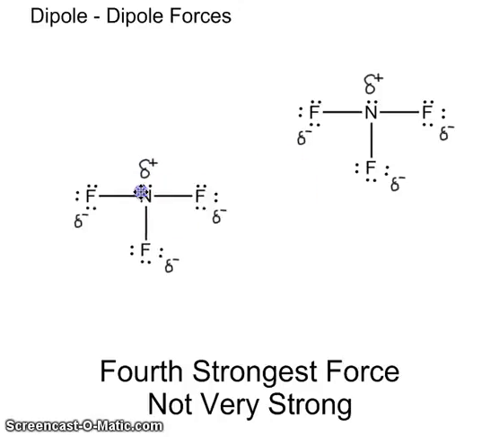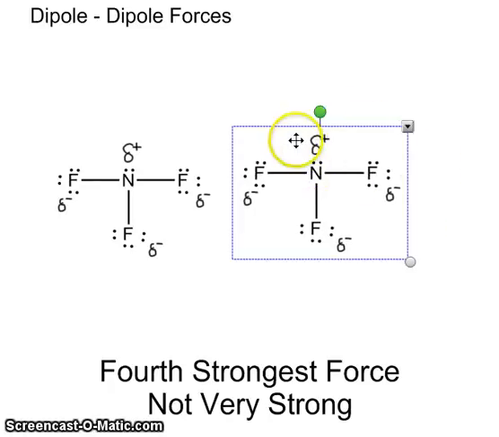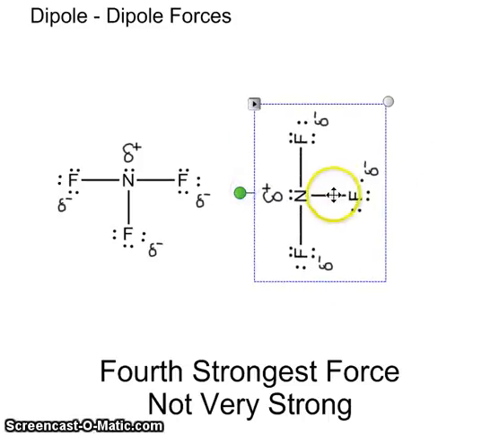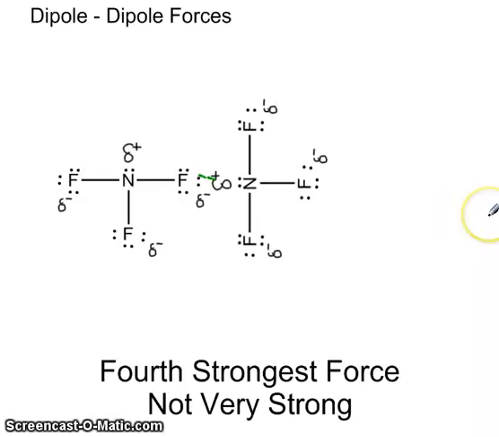So for this molecule, NF3, we have the positive side on the N, which is going to be attracted to the negative Fs. And so there's an attraction between those two molecules. Or if we had a bajillion of these molecules, there's an attraction here.